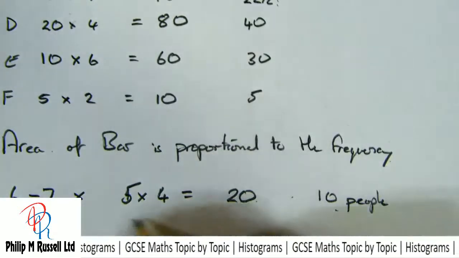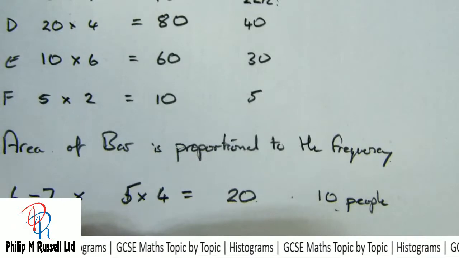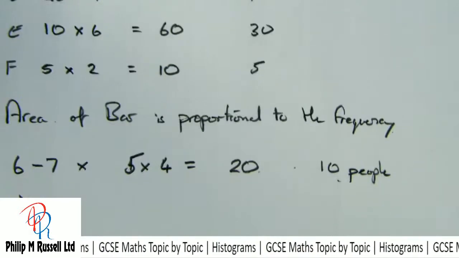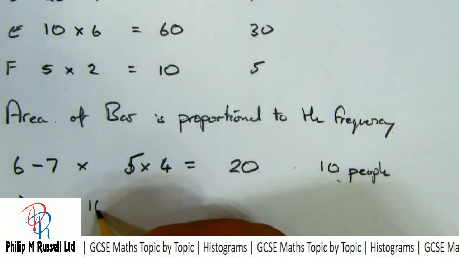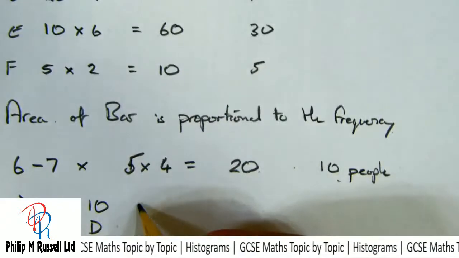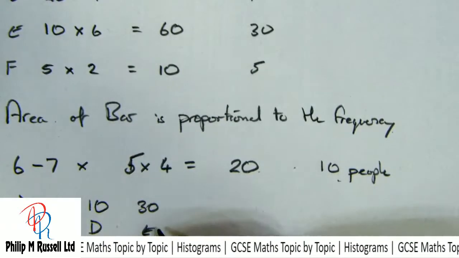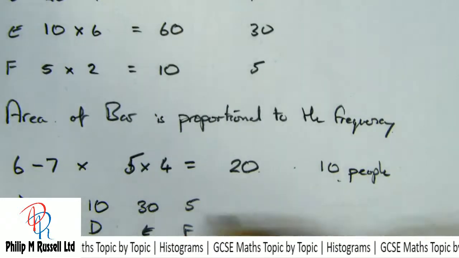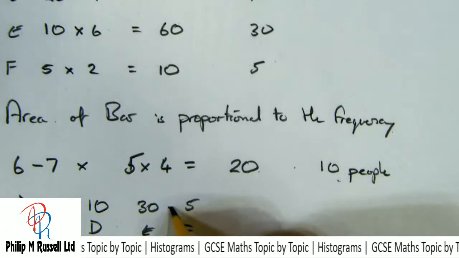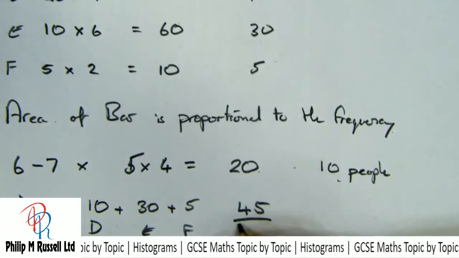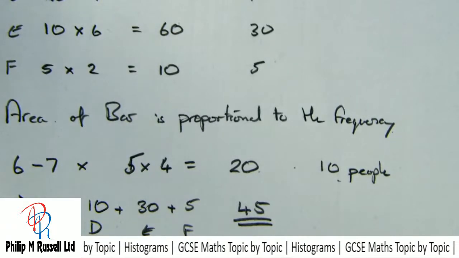So I want to know things that are greater than 8, so we've got our 10 people from D, we've got our 30 people from E, and we've got our 5 people from F, and we can add those together and give us our answer 45.